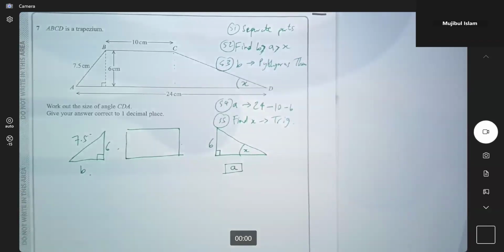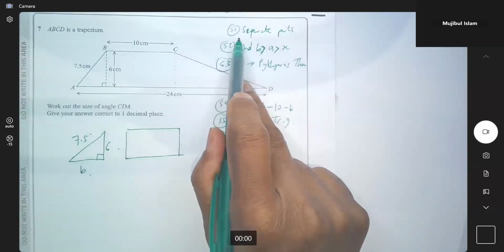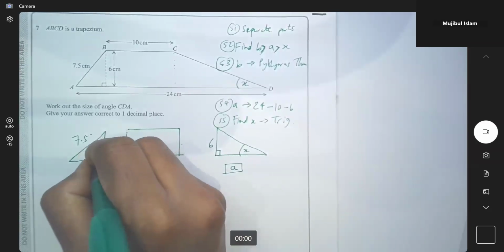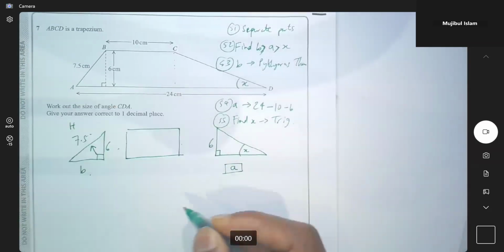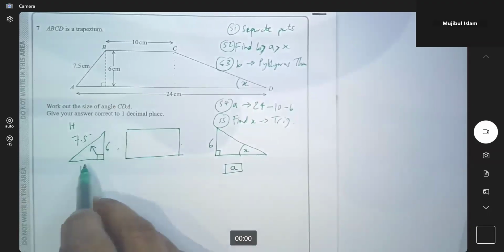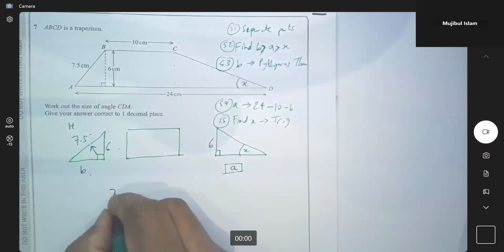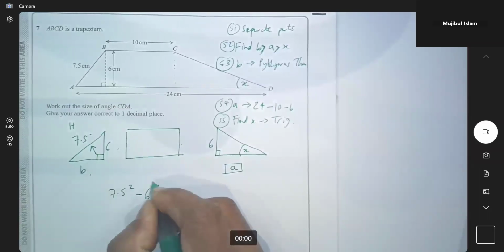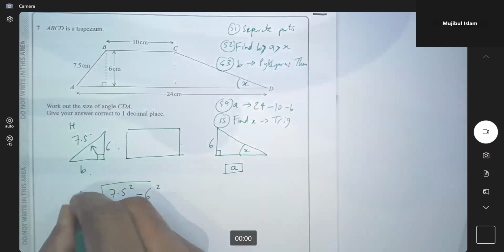So that's what I do. I've done step one, separate them. I need to find B. So I need to know my hypotenuse. Pythagoras' theorem is a squared plus b squared. Because b is a shorter side, it's going to be 7.5 squared take away 6 squared, and I square root it.